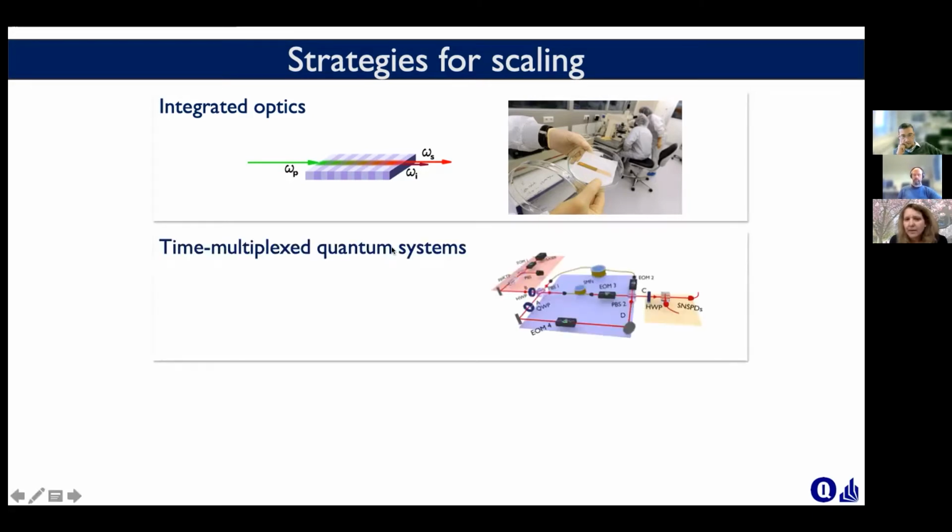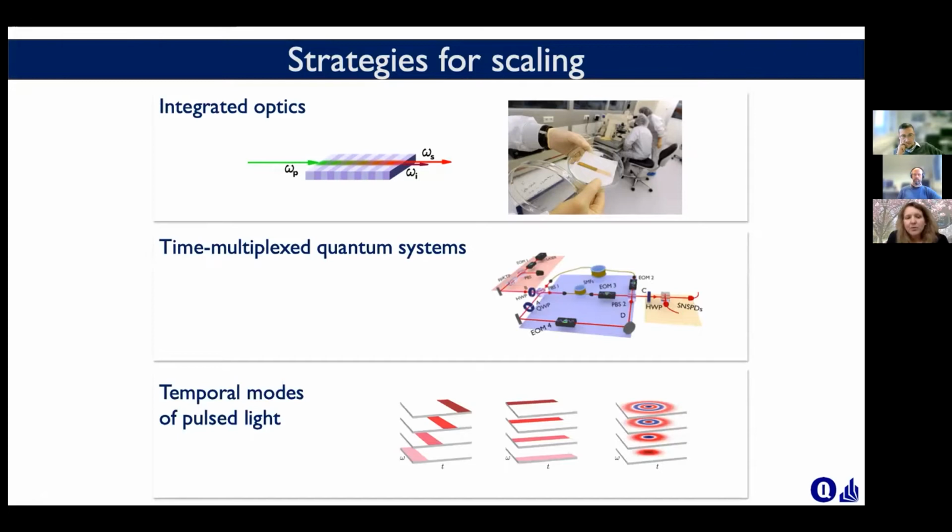The second approach is, well, don't use space as a multiplexing structure, but use time. This brings you to the point of time multiplex systems. And last but not least, you can use time in different ways, because time can also be temporal spectral properties. If you have pulsed light, you can also use so-called temporal modes of pulsed light.